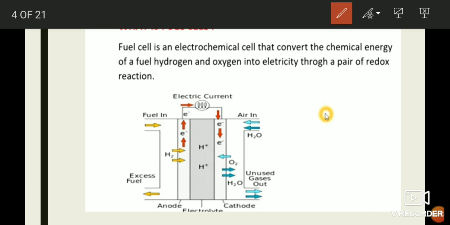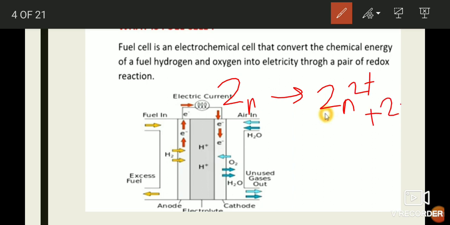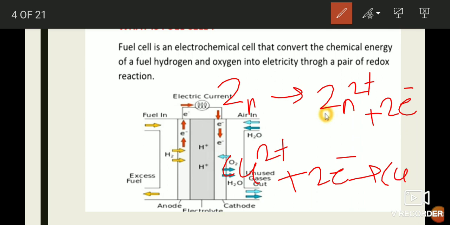The zinc electrode acts as the anode. Reaction: Zn converts to Zn2+ plus 2 electrons expelled. This reaction is an oxidation reaction. Then the copper electrode acts as the cathode. Cu2+ plus 2 electrons gives Cu, as it is solid.